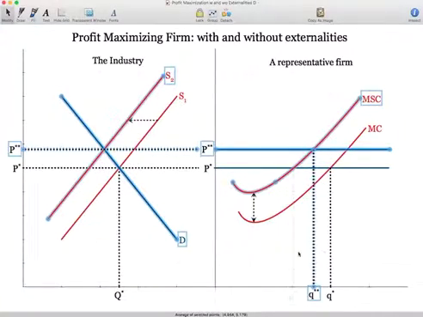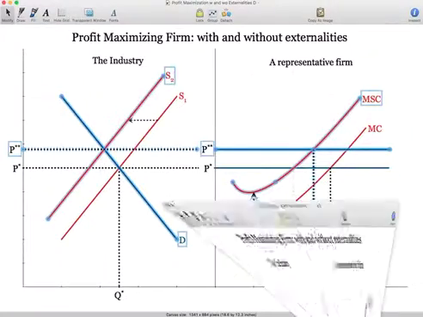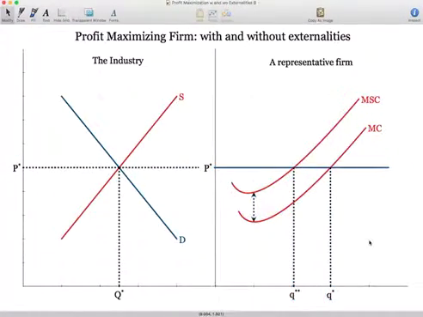And that gives us that vertical distance right here. That is the external cost that we see. And realize that when firms are able to avoid paying those costs, you're going to see a higher level of output for firms due to the fact that they're not incurring all those costs.